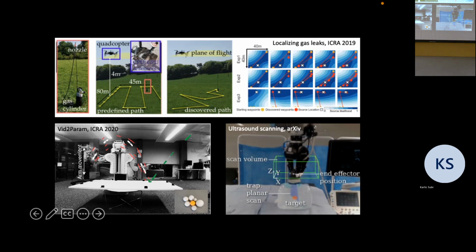And the way people typically did this before was they would send the drone out and have measurement points. The drone is equipped with a sensor for carbon dioxide. They would measure the carbon dioxide every few meters, and then they would have a big chart. They would take it into the lab, and then they would look at the distribution, and they would say, oh, okay, this is where we predict the source is.